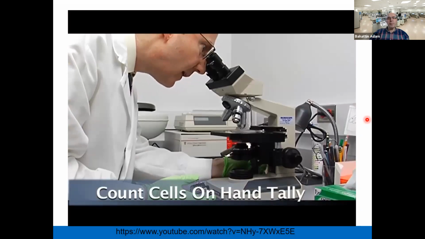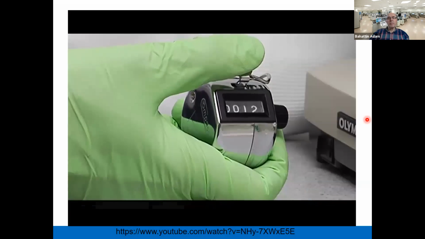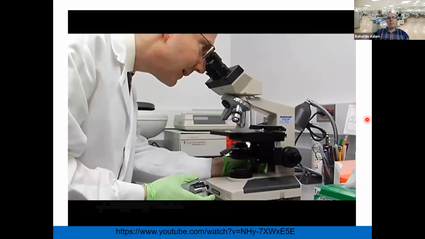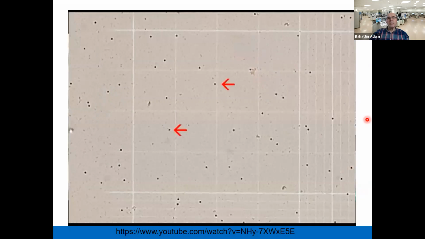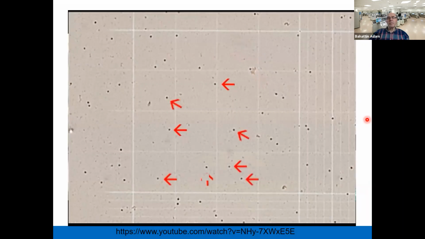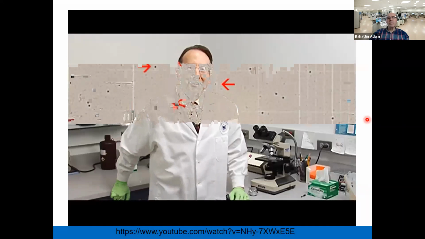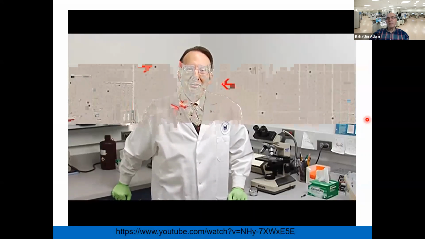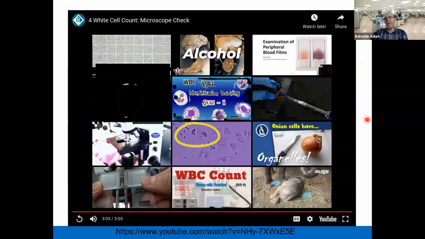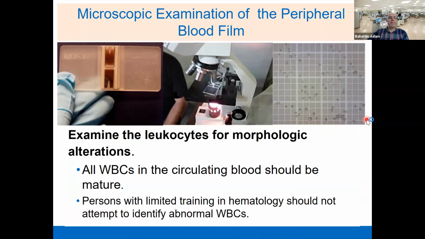And as you find each cell, just click it on the hand tally like this. After completing the count on each side of the hemocytometer, make sure you note your results on a lab report form. That concludes the demonstration of the manual white cell count.